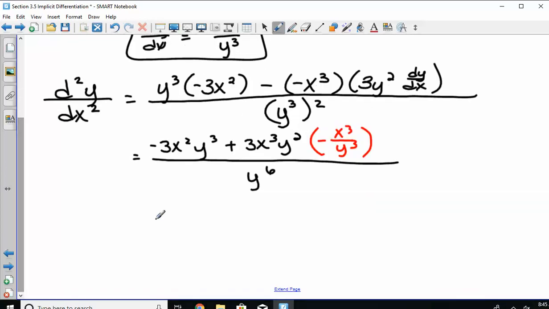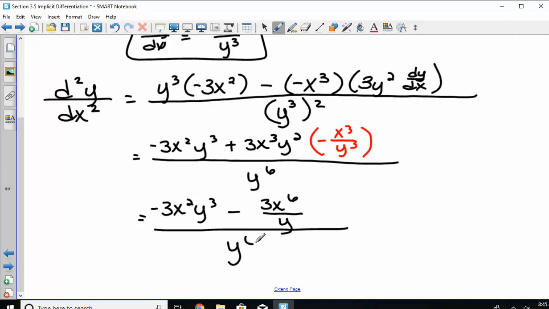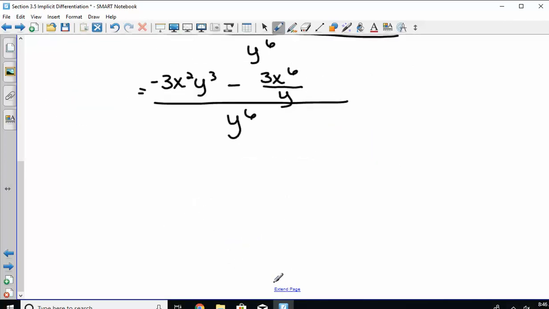So if we're simplifying here, this would become a minus. If I can cancel out 2 of those y's, but I'm going to be left with 1 on the bottom. 3x cubed times x cubed would be 3x to the 6th. This is all over y to the 6th. Can we leave a fraction within a fraction? So how can I get rid of it?